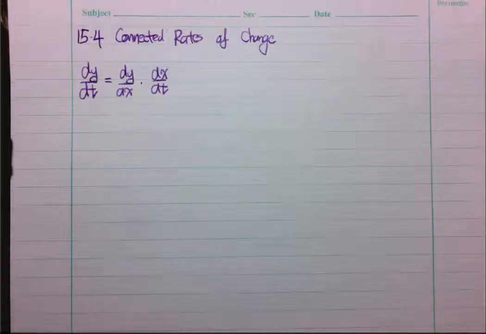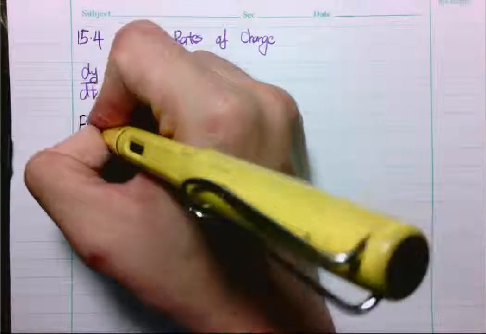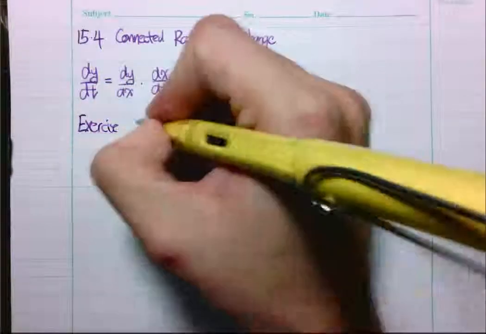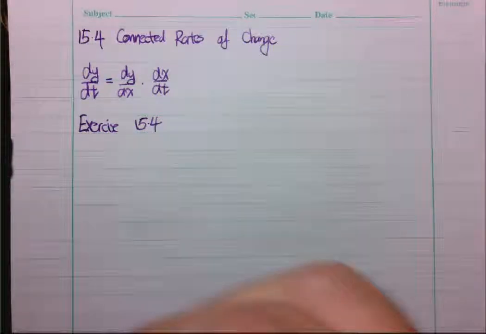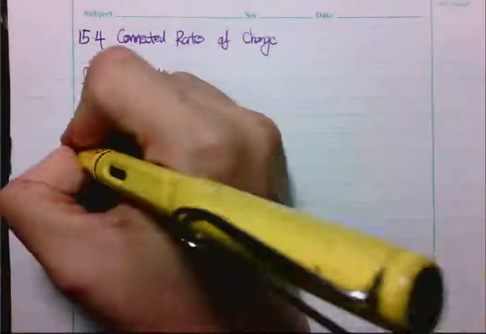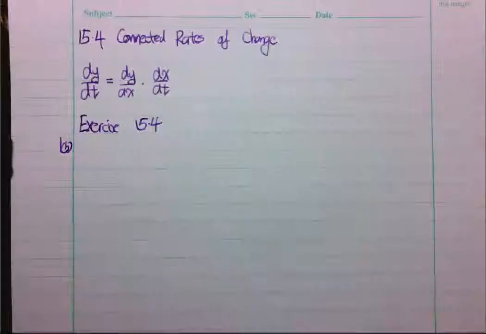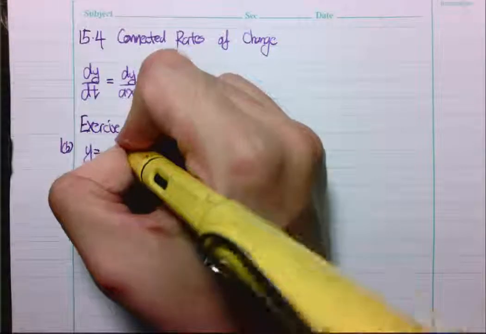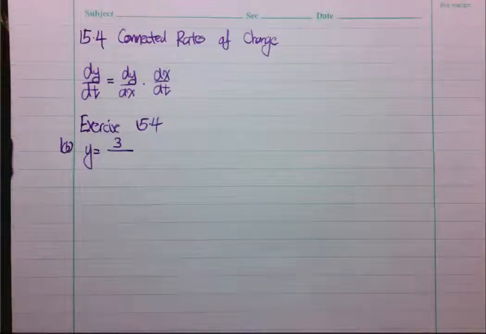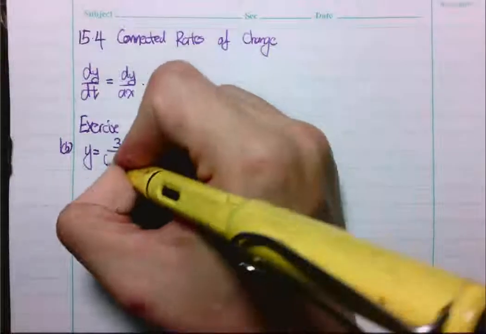So that's the brief concept behind connected rates of change, but not to worry so much. I'll dive into an example immediately so that it's a bit easier for you to get the concept. So without further ado, I'm going to work in exercise 15.4, question 1b. For 1b, they tell us that y equals 3 over (2x minus 3) cubed.